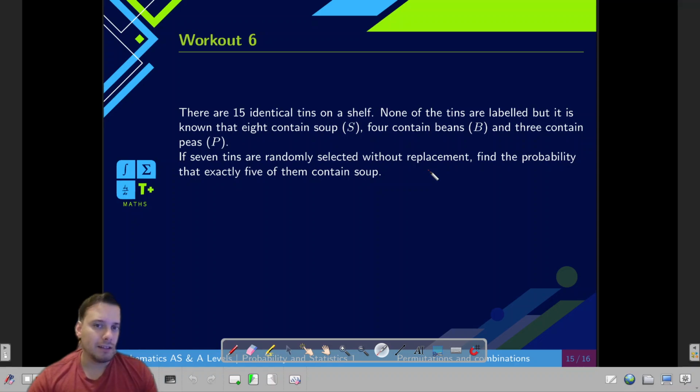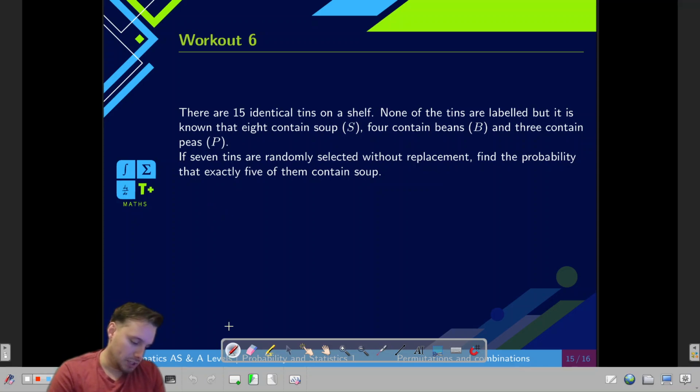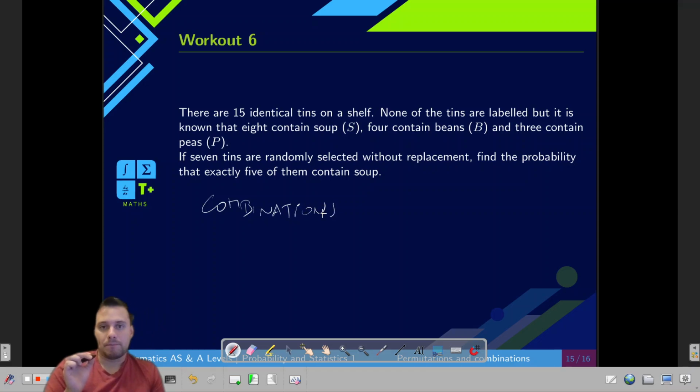So the first thing that I need to focus on here is whether the order matters or not. And if I'm making a selection of cans from a shelf, it's not important in which order I take them out. It's not going to affect my outcome. So this is a combinations problem. Now, let's focus on how we can find our total.